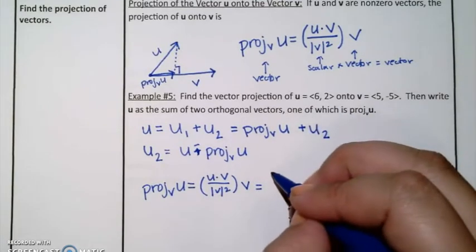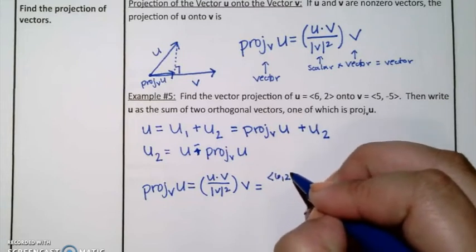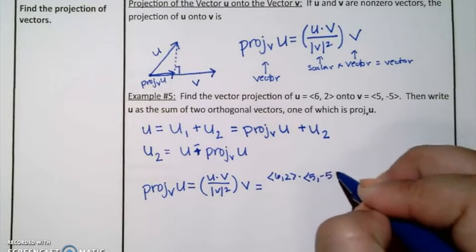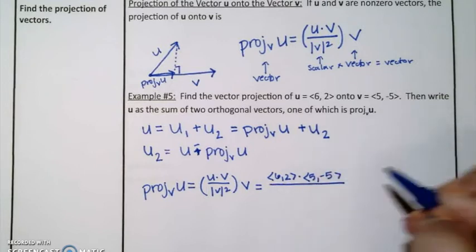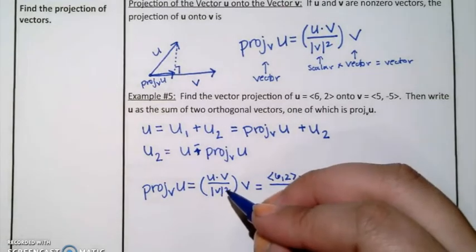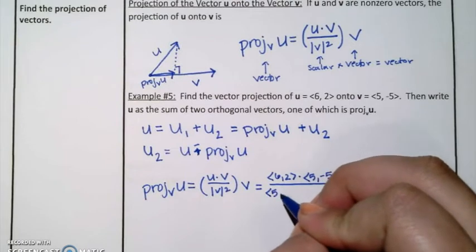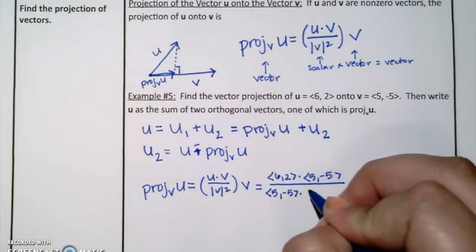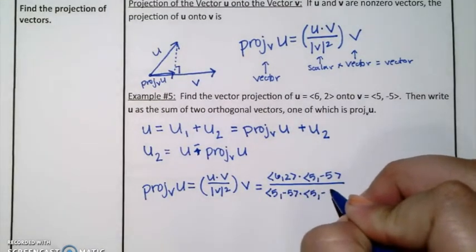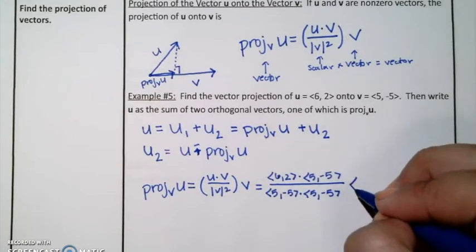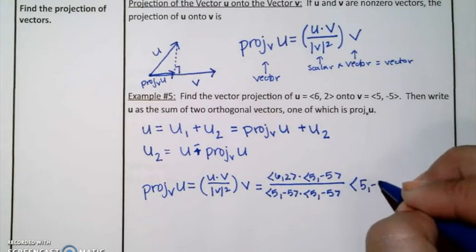So we have 6, 2 dot 5, negative 5 divided by the magnitude of v squared, which we could calculate as v dot v. So we can do this as 5, negative 5 dot 5, negative 5. And then we're multiplying that whole thing by the vector 5, negative 5.